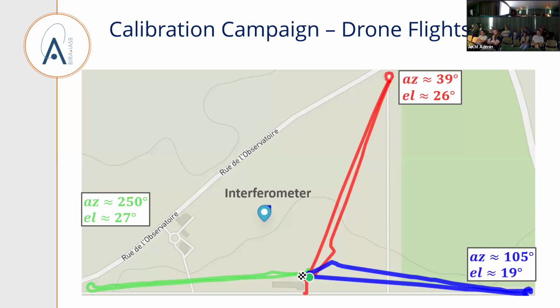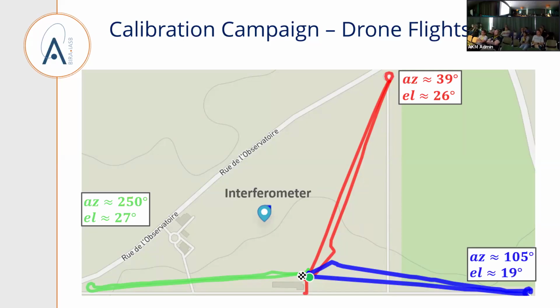For the calibration campaign, we used three drone flights. So we have the interferometer here, and the drone flights started from here already several years ago. And then we flew to this point where we have azimuth values of around 39 degrees and elevation values of around 26 degrees. The second drone flight went down towards east.